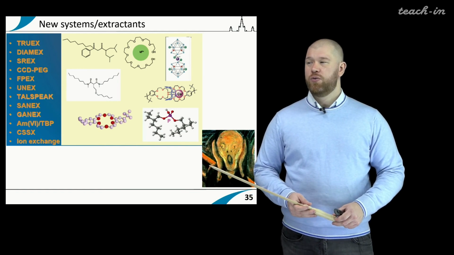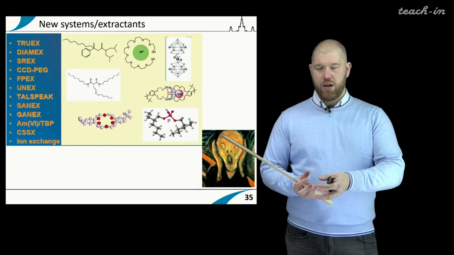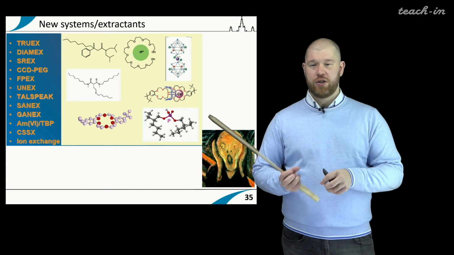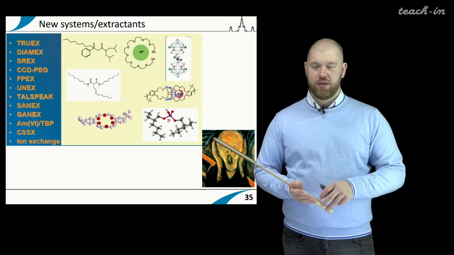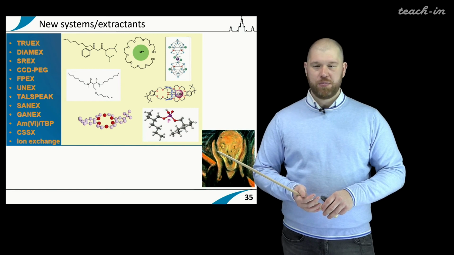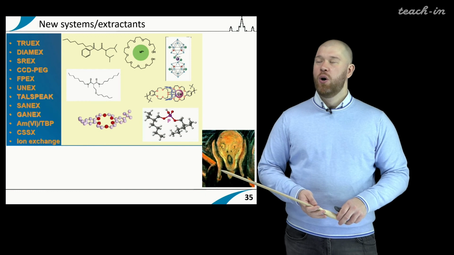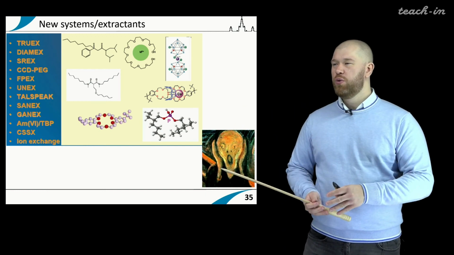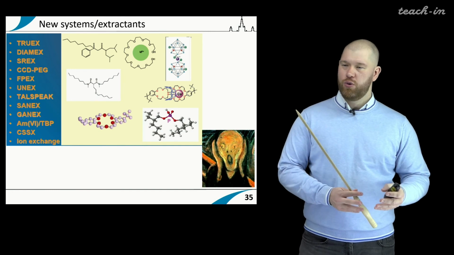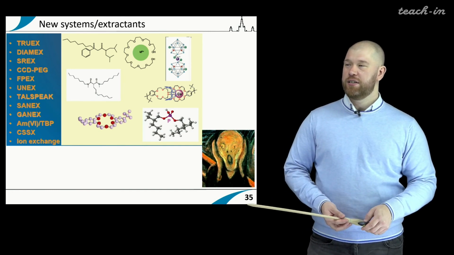There are plenty of systems aimed at selective extraction of different elements from this very complex mixture of radionuclides, or for separation of americium from curium, or of americium and curium from lanthanides, and so on.